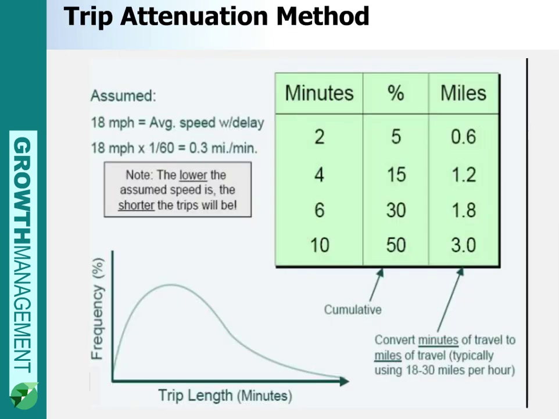This is an overly simplified example: if your average arterial speed is 18 miles an hour, then if you go 2 minutes using the trip length from this town, 5% of your trips drop away. Then 4 minutes out, 15% of your trips go away. And then 10 minutes or 3 miles out, 50%. These are just examples. This isn't a particularly real one.